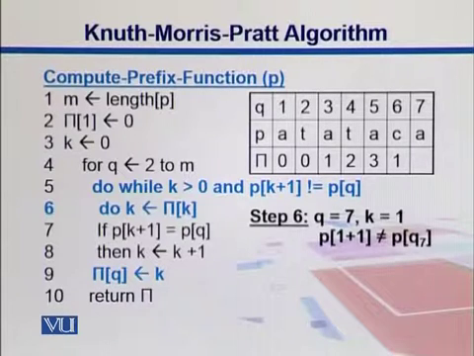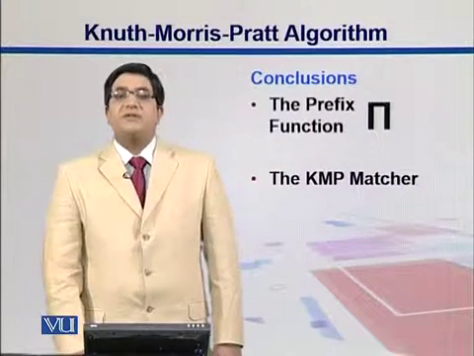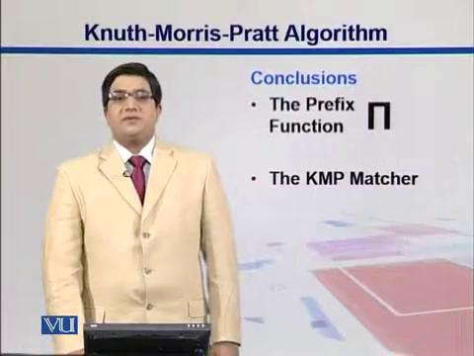No. So we will stay in this condition 5 and 6. And then we will update the K with pi of K. So at that position, pi of 1 was actually 0, since our K was 0. So at pi of 7, we will store a 0. So in this way, we have computed this prefix function, and we will use this information when we do our matching.